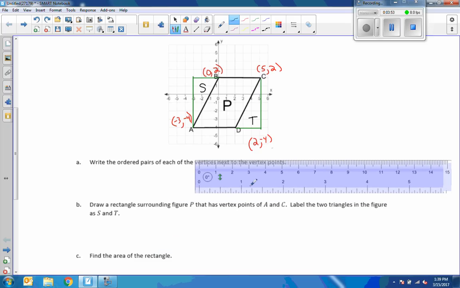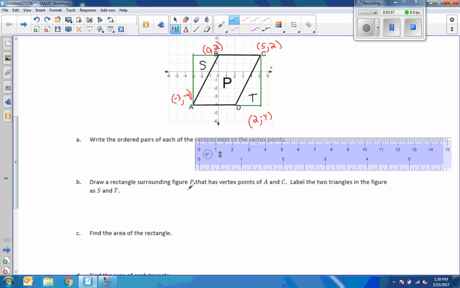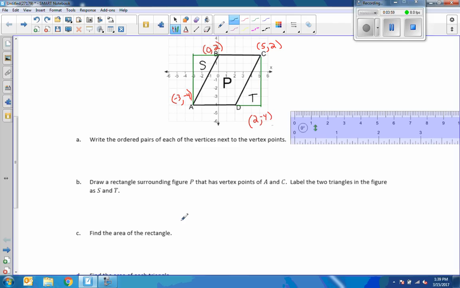Now it says find the area of the rectangle. Whenever we're given a problem with formulas, we should always write the formula. So I'm going to write the area of a rectangle, which is area equals length times width, and then I substitute in my givens. The length goes from negative 3 to 0 is 3, and then from 0 to 5, now we're going all the way out to here.